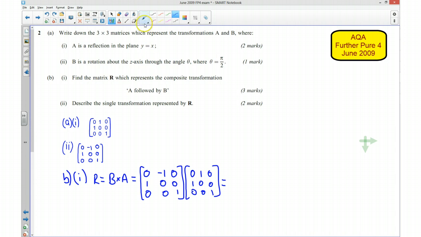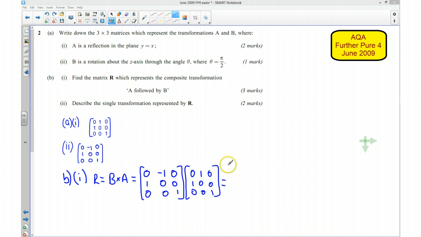Because we've got a 3 by 3 matrix multiplied by a 3 by 3 matrix, any square matrices that we multiply together, our result is going to be a 3 by 3 matrix.